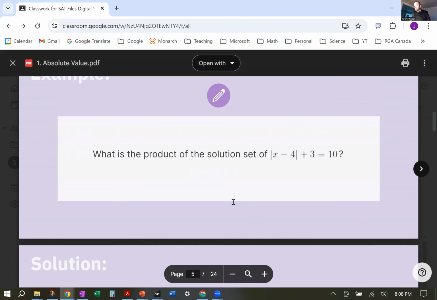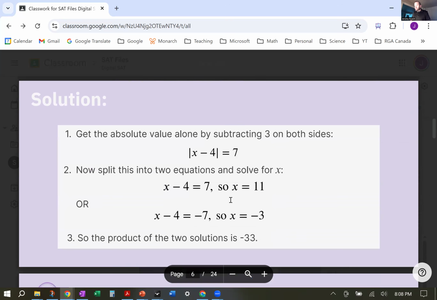If we go back up here, it says, what's the product of the solution set? When we solve this, we got 11 and -3. And when we multiply those together, we get -33.